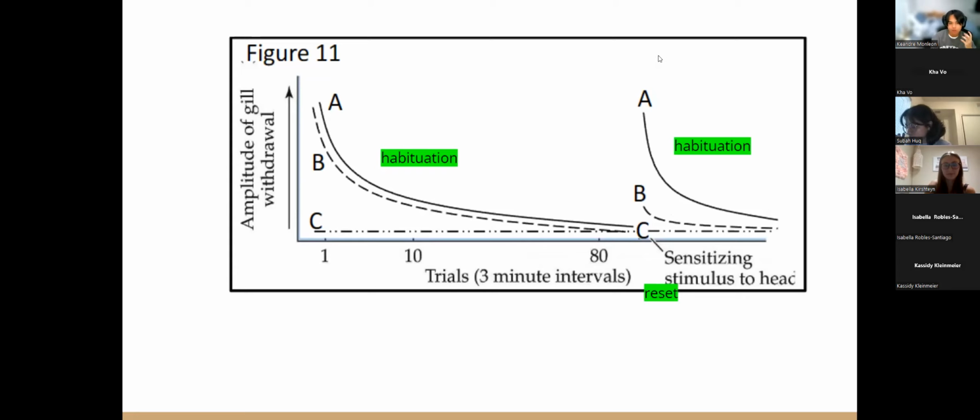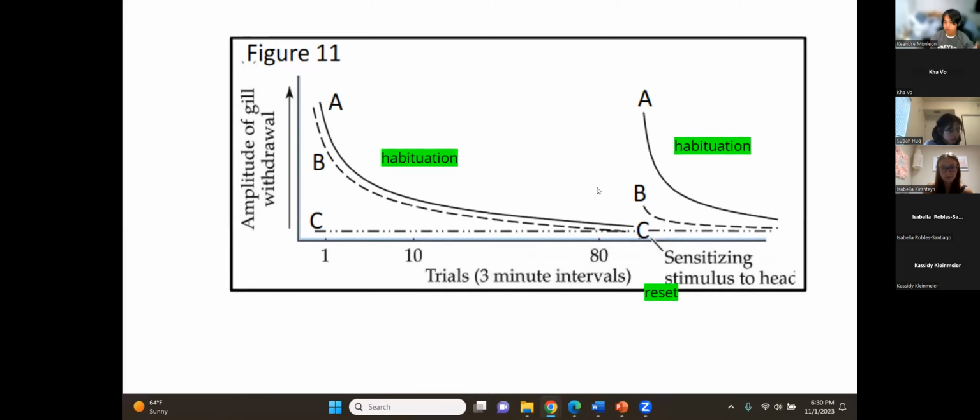If you have no SNARE proteins, these vesicles can't fuse with the membrane, and therefore you cannot release neurotransmitters. And if there are no neurotransmitters in the synapse, there's nothing binding to these receptors to cause ions to flow into the postsynaptic membrane. So if there's no ions flowing in, there's no graded potential, and essentially no sensitization in this case.